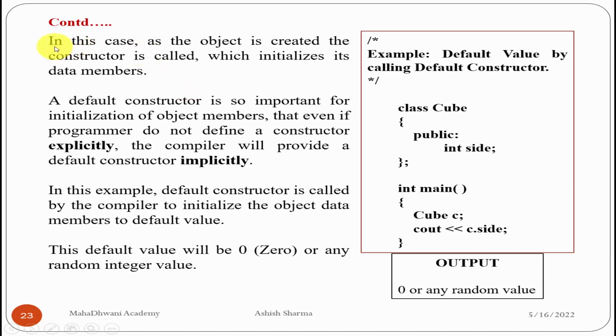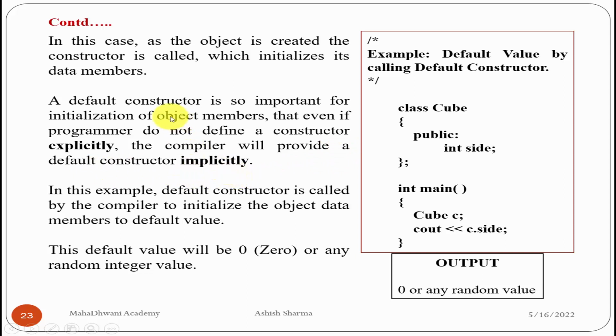In this case, the object is created, the constructor is called, which initializes its data members. A default constructor is so important for initialization of object members that even if the programmer does not define a constructor explicitly, the compiler will provide the default constructor implicitly.